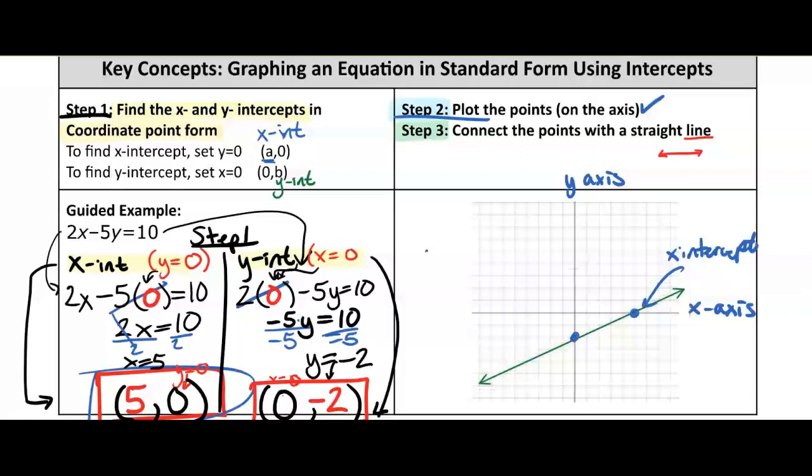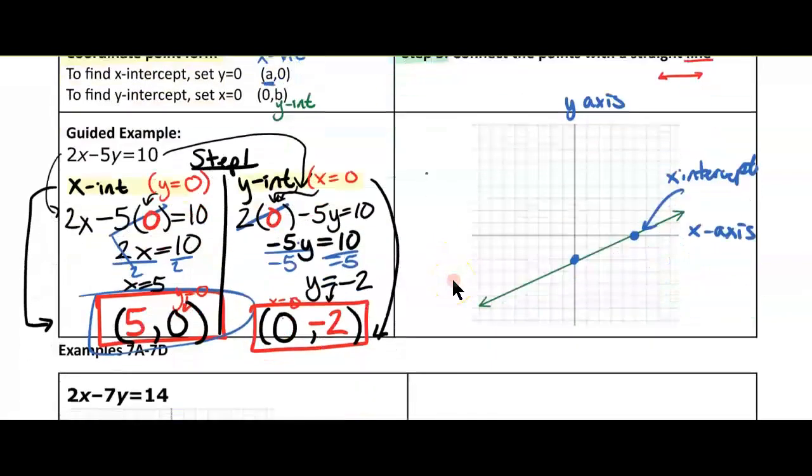When you do this for a paper quiz or test, there are specific things I'm looking for. It needs to go, in fact, mine is a little too short here. I want to see this go all the way off each edge of the graph, and it needs to have the little arrows, because lines extend all the way.